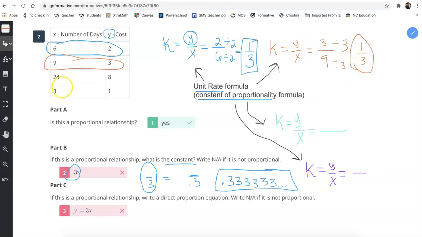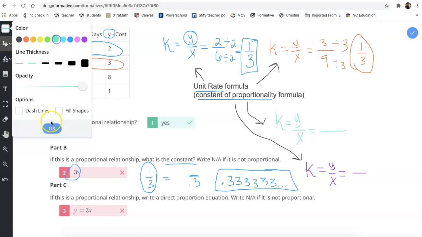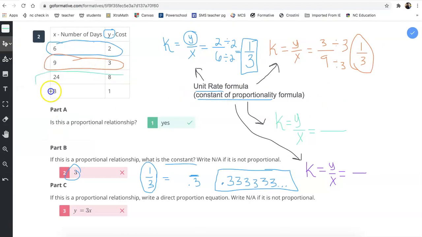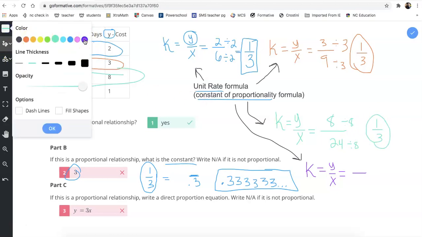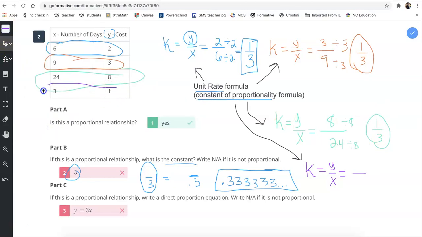All right, let's look at the mint green color. 8 divided by 24. If we divide 8 and 24 by 8, so we divide the numerator and the denominator by 8, we will also get 1/3. And then this last point, we won't even have to reduce, because the x value is 1, the y value is 3.